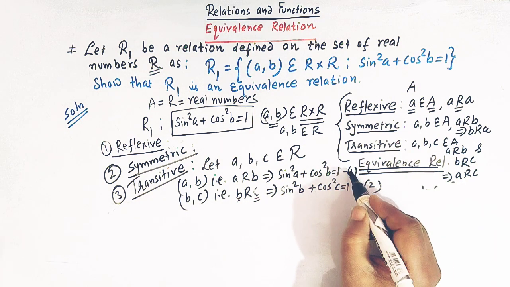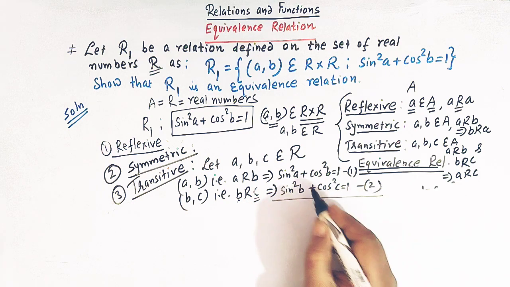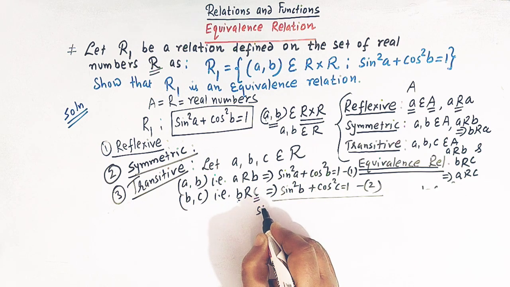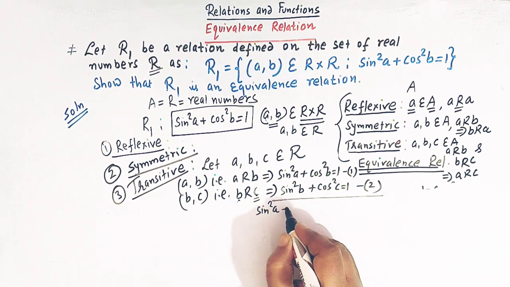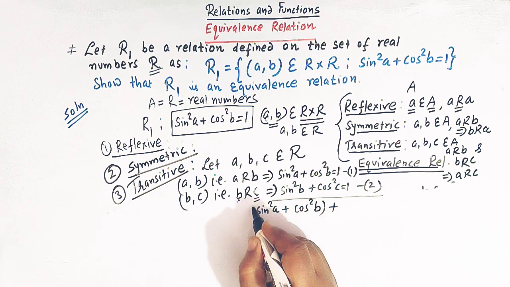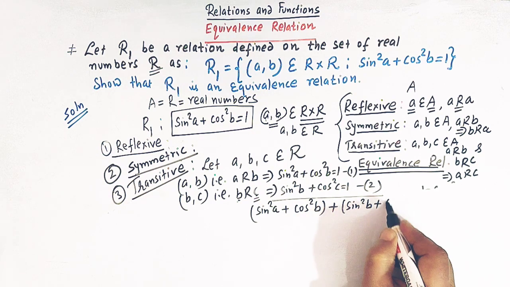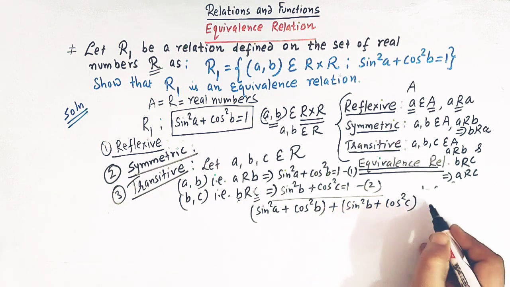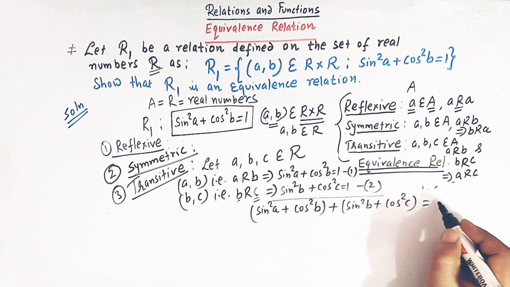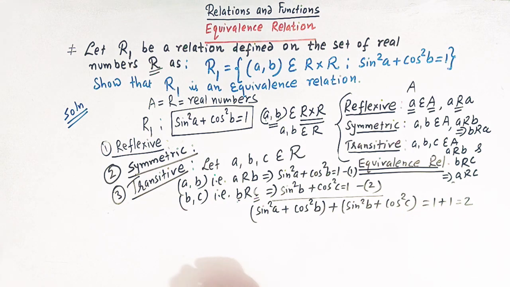So now we have two equations. Now let us add these two equations. So we have sine square A plus cos square B, then we have sine square B, and then we have cos square C, and here we have 1 plus 1, that is equal to 2, right?